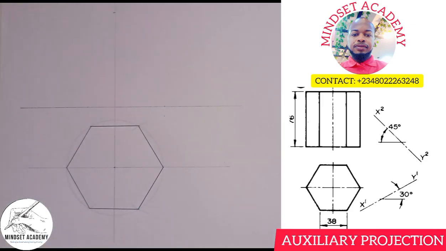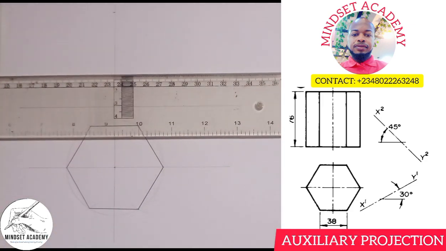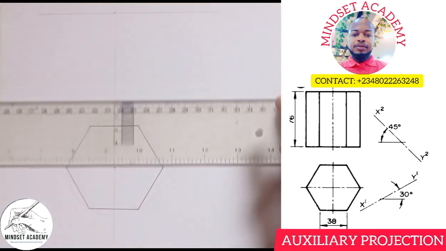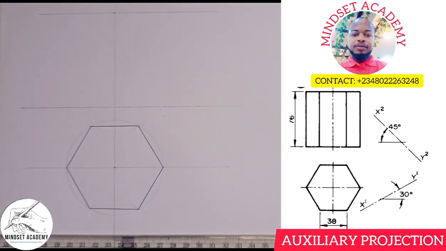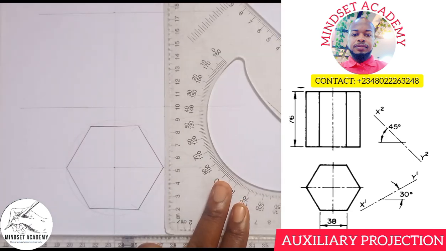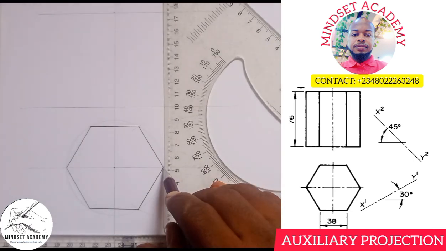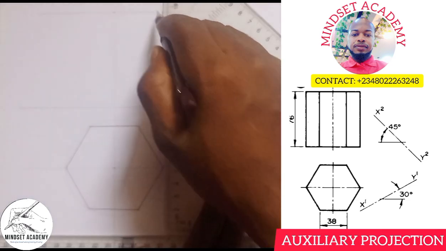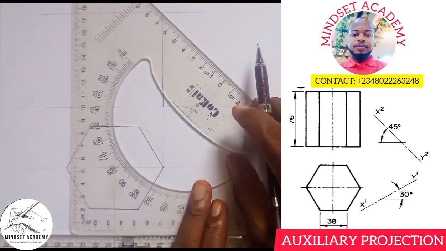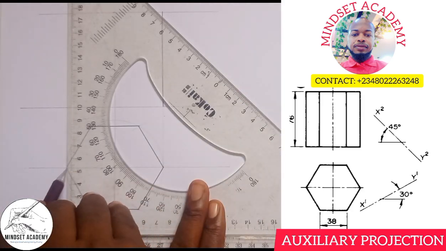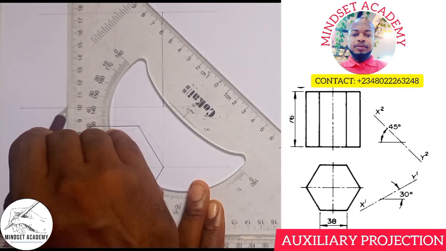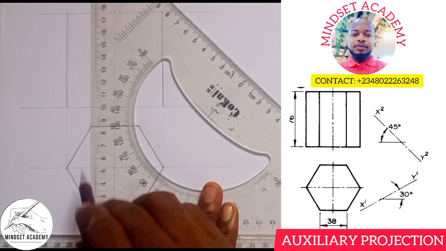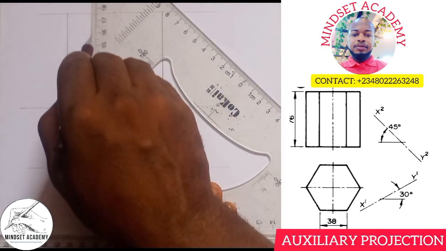I'll take my instrument to that point again, where I'm going to draw a horizontal line this way on that 76. Hope you can see that. I'm going to project each of these edges this way. I'll come to the other edge also this way, and toward this edge too, this way.